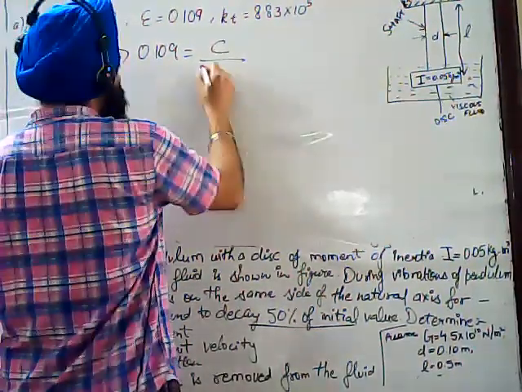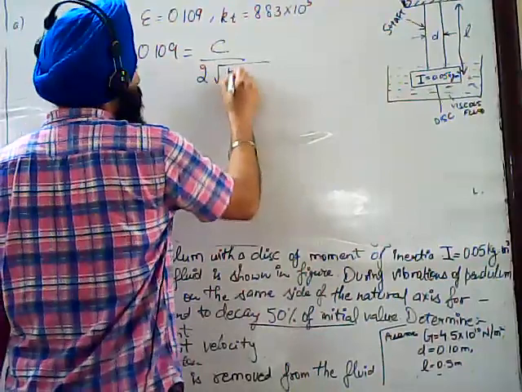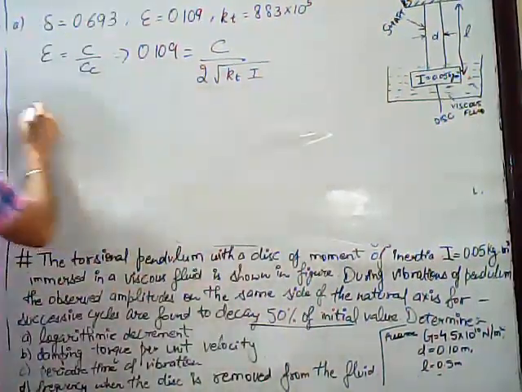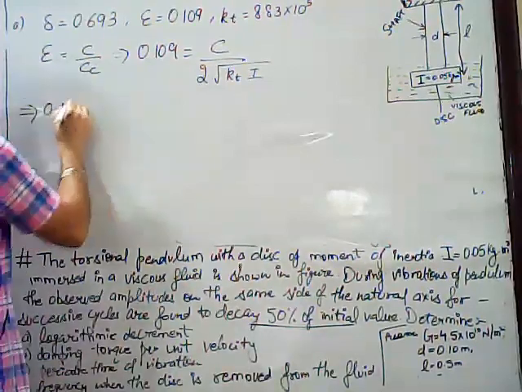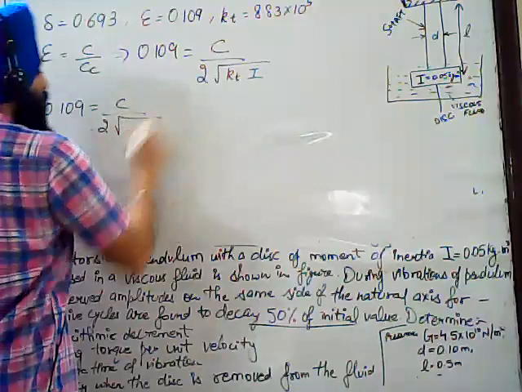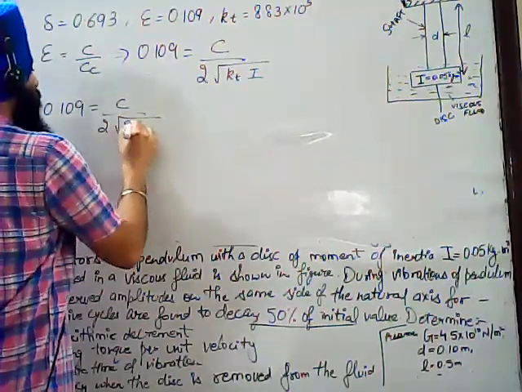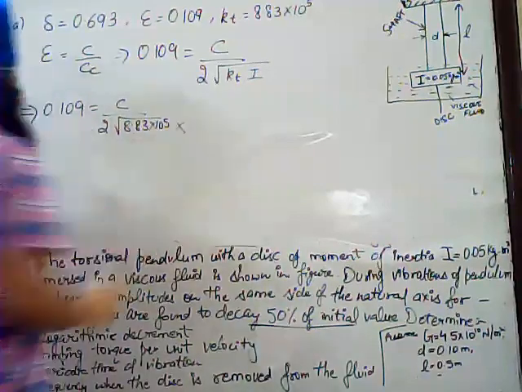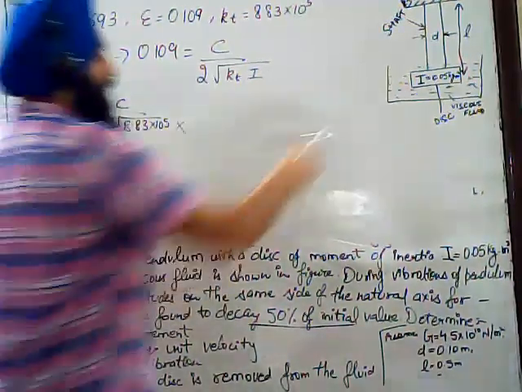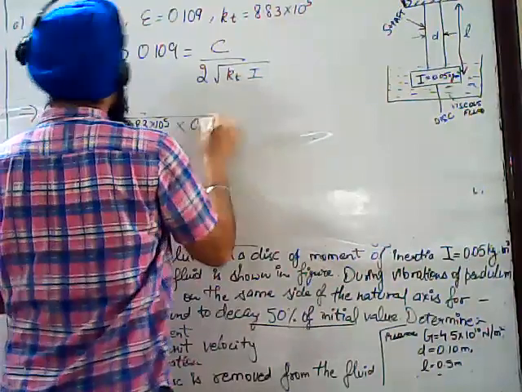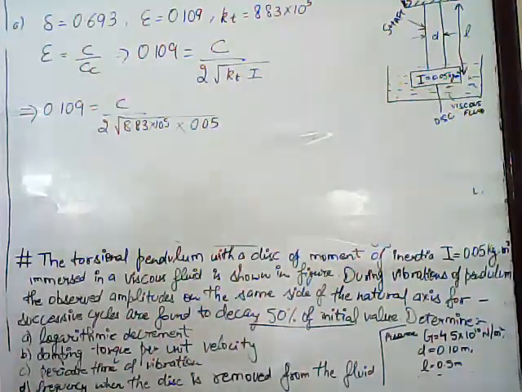The formula for Cc will be 2 into under root of Kt into I. So 0.109 will be equal to C divided by 2 into under root of Kt, 8.83 into 10 raised to the power 5, and the value of moment of inertia is 0.05. So in this way, we can calculate the value of C, the viscous damping coefficient.